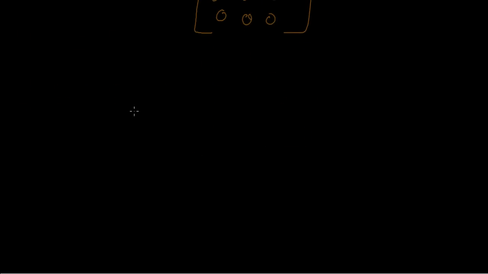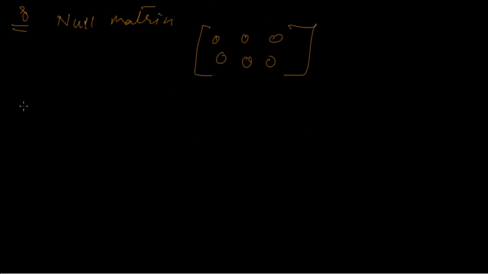Now first of all I would like to tell you about the transpose of a matrix and the negative of a matrix. We see first the transpose of a matrix. It is the 9th one.